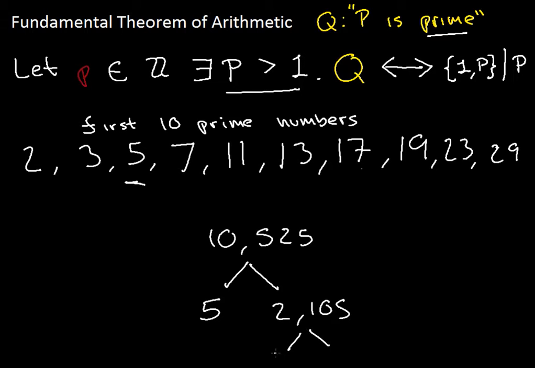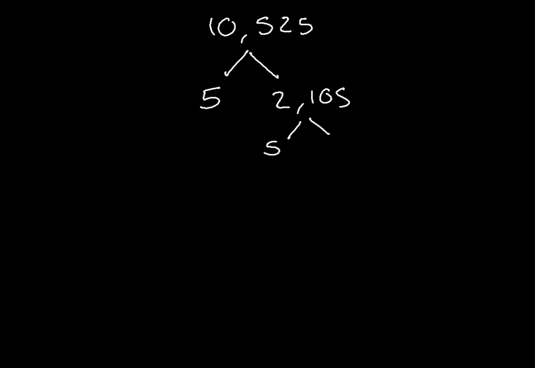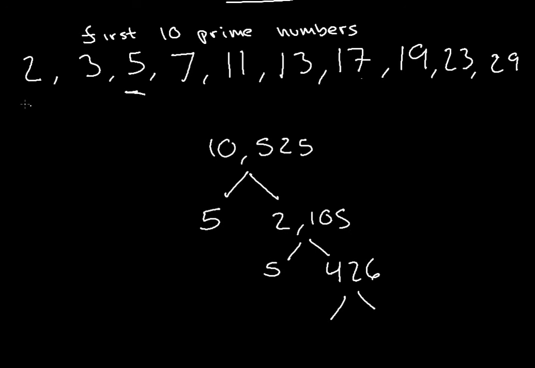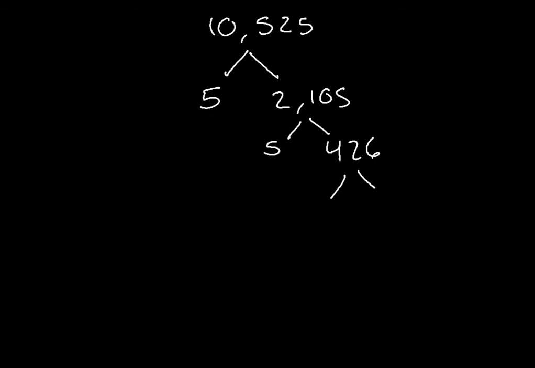We know we can divide this by 5 again, so let's chase this all the way down. 2,105 divided by 5: if 200 times 5 makes 1,000, then 400 times 5 makes 2,000, and for the remaining 100 you need 20 more, no, 21 more, so that's 421. Actually, we know 2 is a prime number, so we divide 426 by 2.